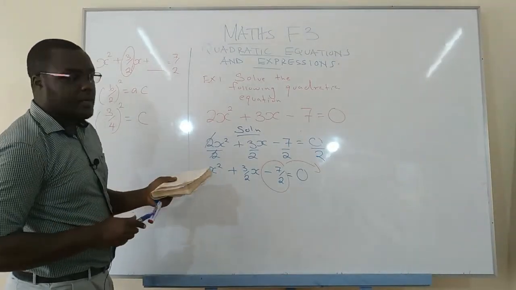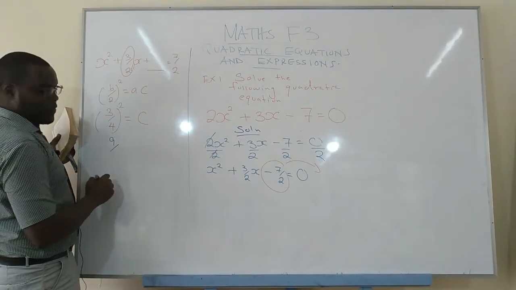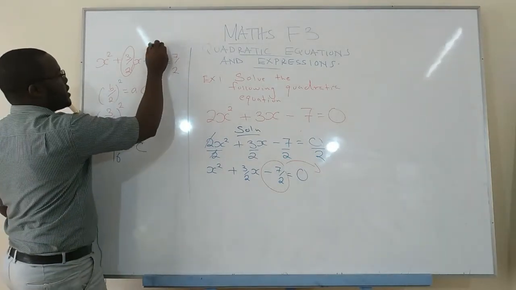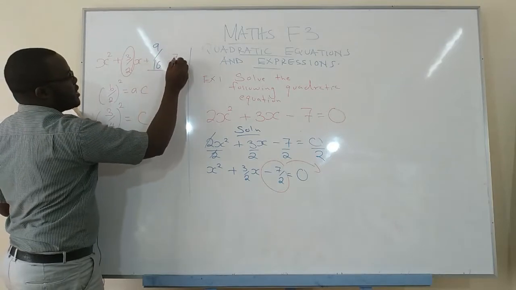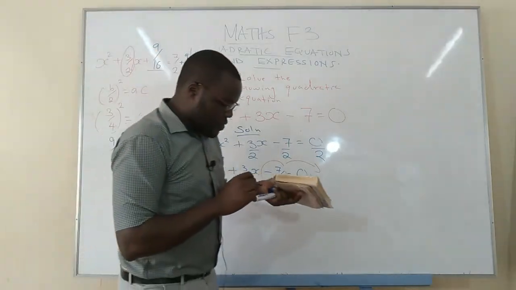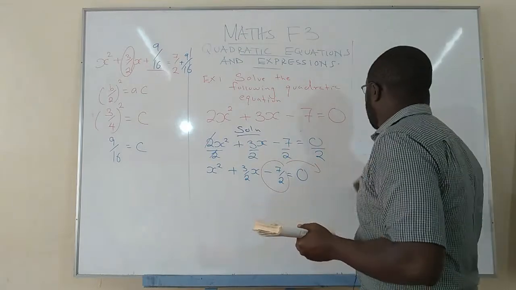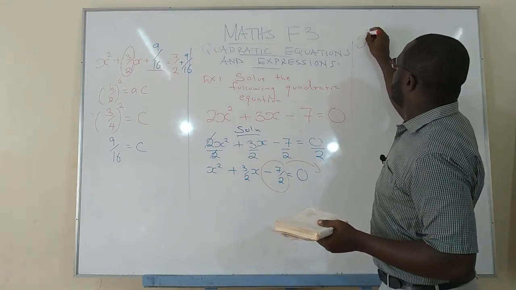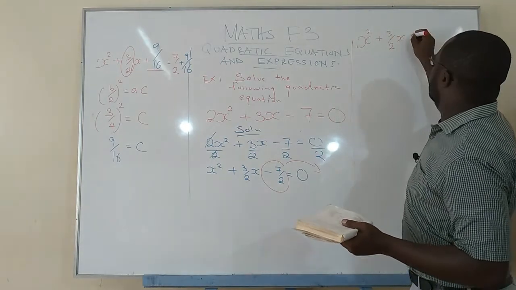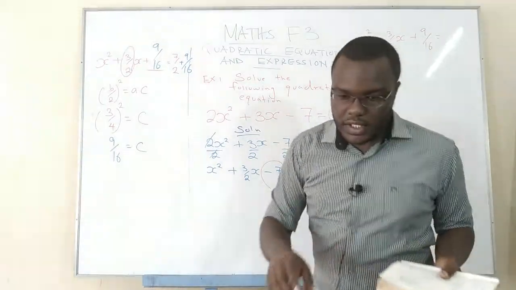So I'm going to come back to my equation. This is the same as saying 3 squared is 9, 4 squared is 16. So c is equal to 9 over 16. So I come and add 9 over 16 on one side, and I repeat the same for the other side of that equation. So now I have the equation as x squared plus 3 over 2 x plus 9 over 16 is equal to, I want you to assist me to add this.